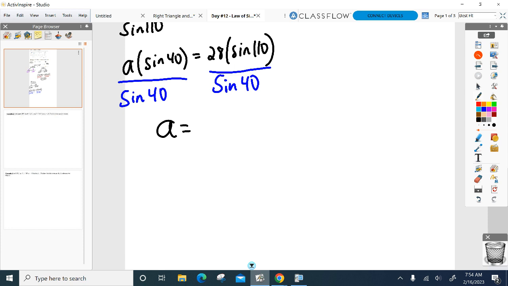So once you type that, you can just copy and paste it. All right, now what? 40.9. All right, good. Nice little device here, law of sines.